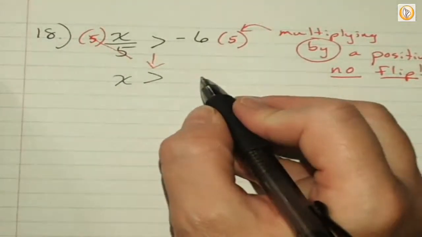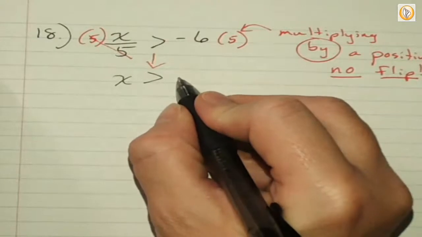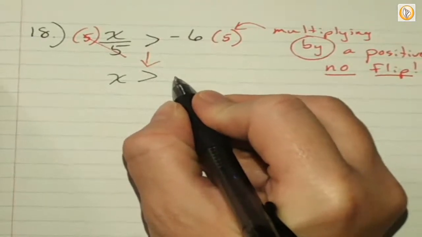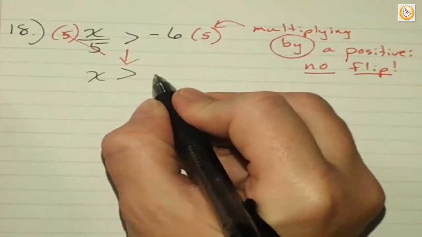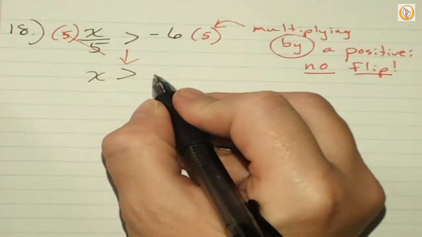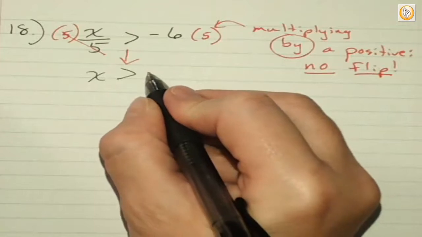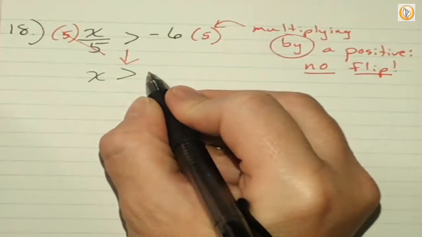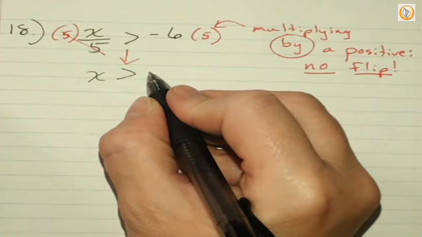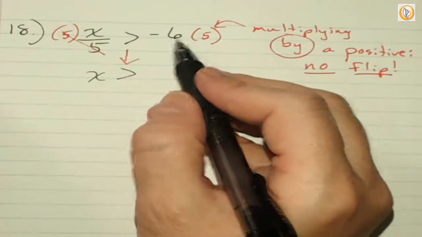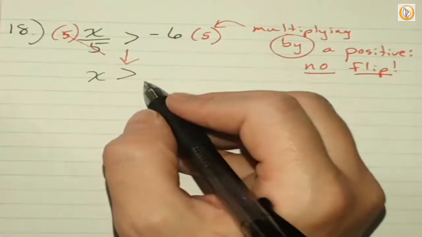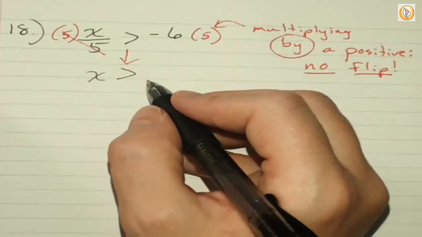So negative 6 times 5 is? 36. 30. Negative 36.